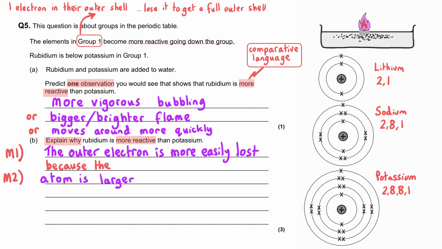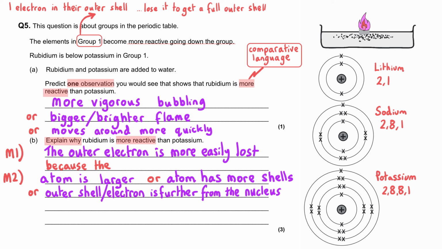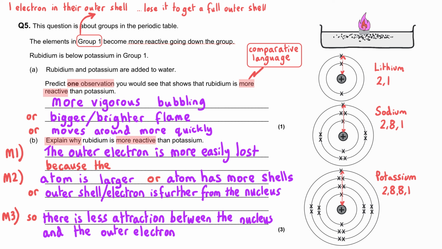And this is because the atom is larger and has more shells. As a result, the outer shell electron is further from the nucleus, which is positively charged, and the electrons are negatively charged. This means that there is less attraction between that positive nucleus and the negative outer shell electron.